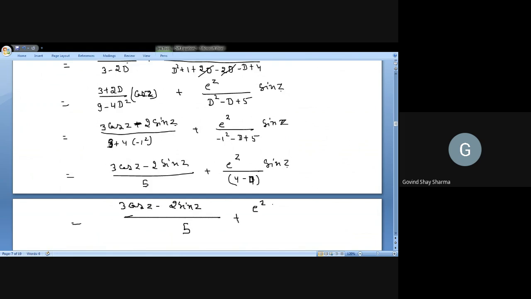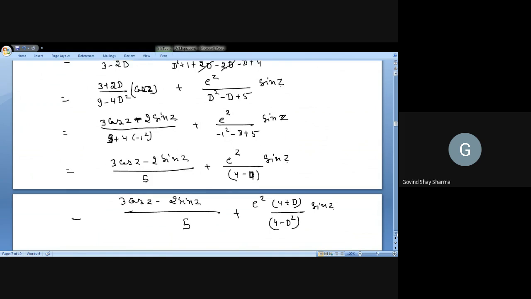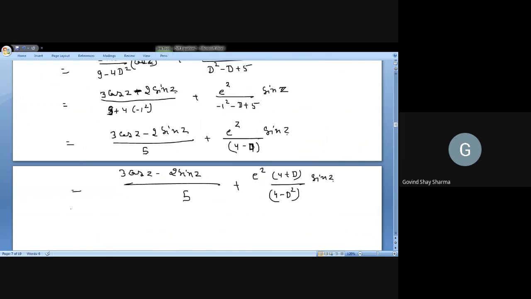Again we multiply with 4 plus D upon 4 minus D square. This becomes 3 cos z minus 2 sin z upon 5 plus e to power z upon 4 minus D square is equal to 4 plus D upon 16 minus D square, and this becomes 4 sin z plus cos z.